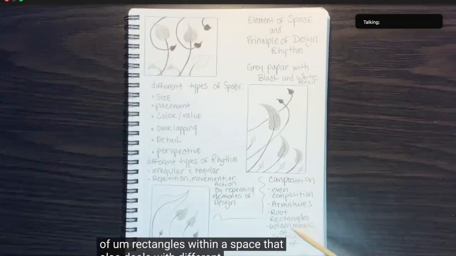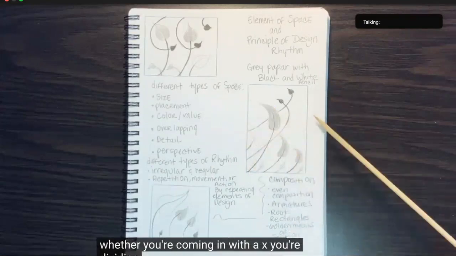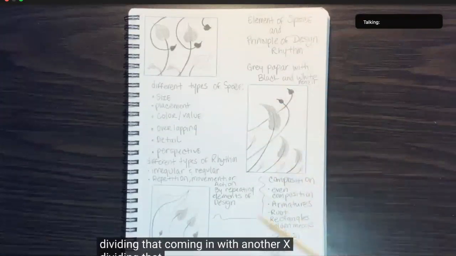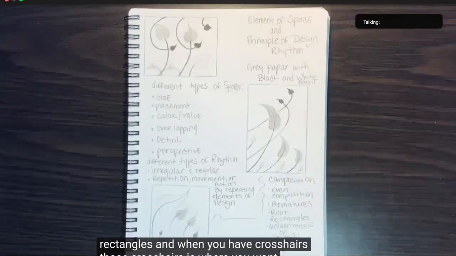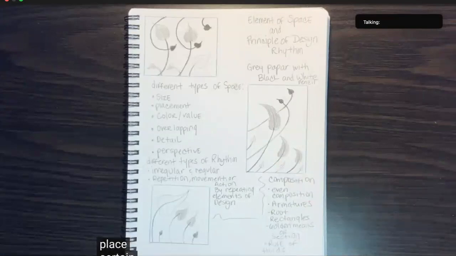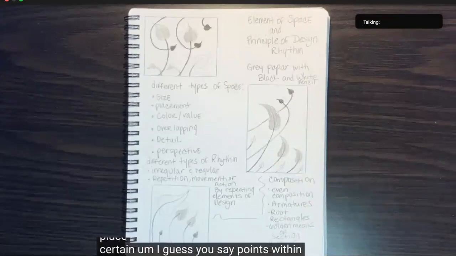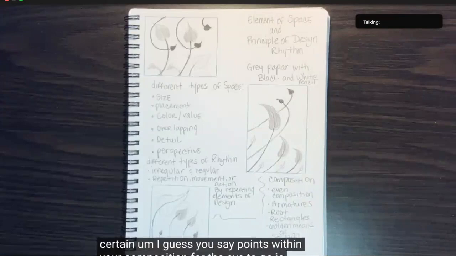You come in with an X, dividing that, come in with another X, dividing that, and it tends to end up becoming a bunch of different rectangles. Where the crosshairs are is where you want to place certain points in your composition for the eye to go, to simplify it down.